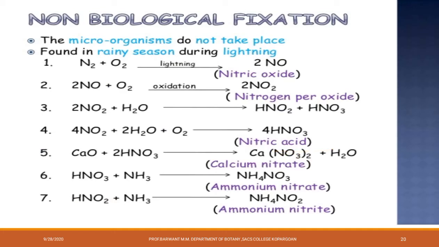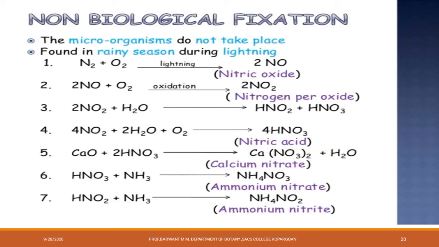Some nitrogen derivatives are formed due to physical and natural reactions. That is known as non-biological nitrogen fixation. These are simple reactions.